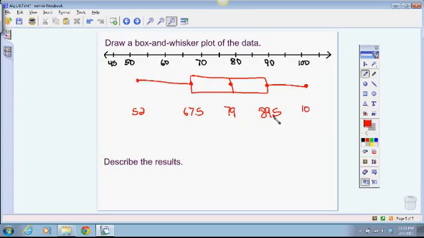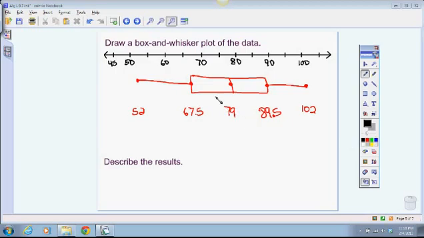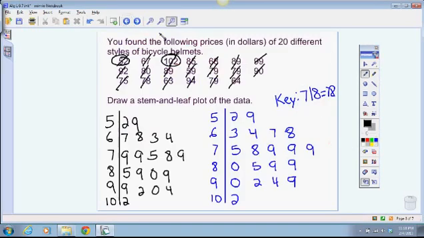Now remember what a box and whisker plot does. A box and whisker plot breaks the data up into 4 parts. We know 1/4 is in this section, 1/4 of the data is here, 1/4 is here, and 1/4 is here. So when you're asked to describe the results or make a conclusion, you have lots of different choices. You can say, and again, remember we're talking about bicycle helmets here, the prices.